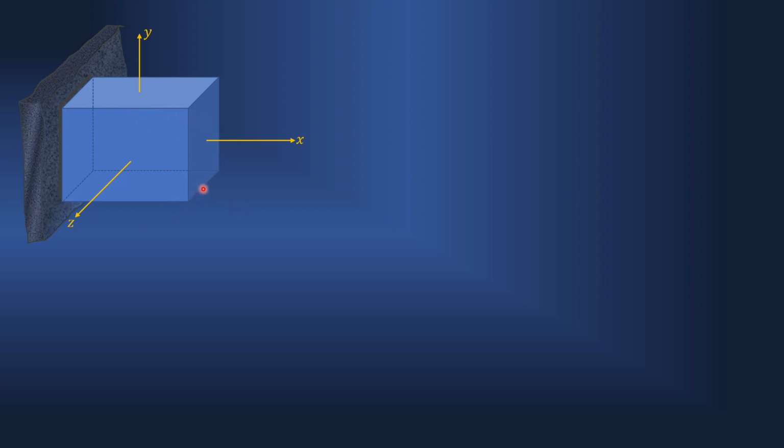So if I use the term X surface, you should understand that the surface is perpendicular to the X axis. Here is a shear force, a force parallel to the X plane. So this force is a shear force for the X plane or X surface.